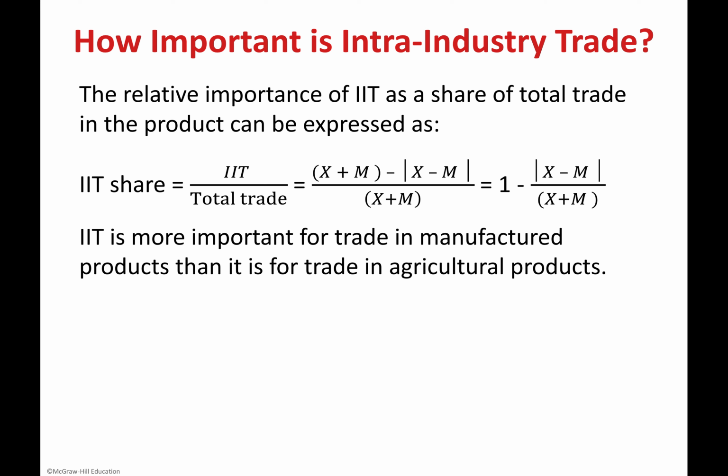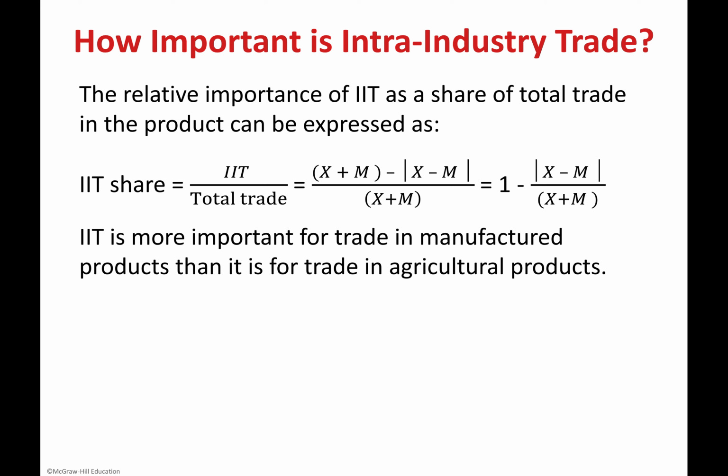Now imagine we have a case where x is, say, 0 and m is whatever it is. Well, then at the top we would have m minus the absolute value of minus m, so that's m minus m, so 0, over x plus m.